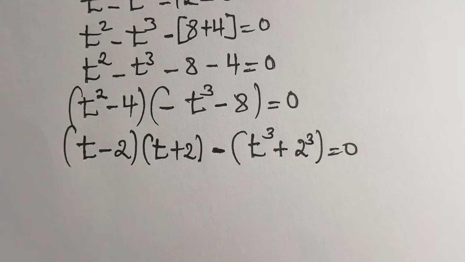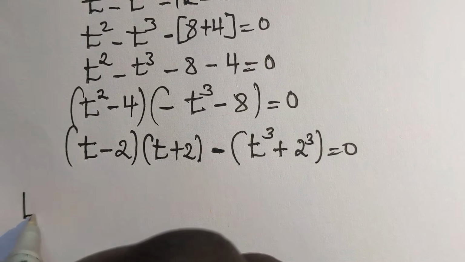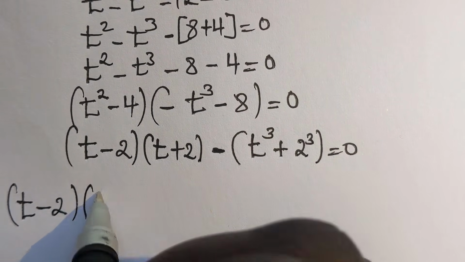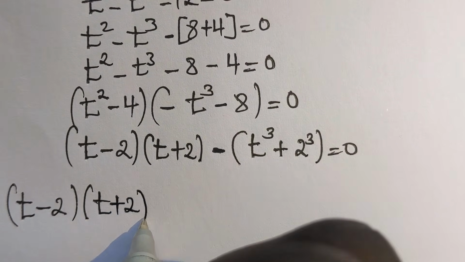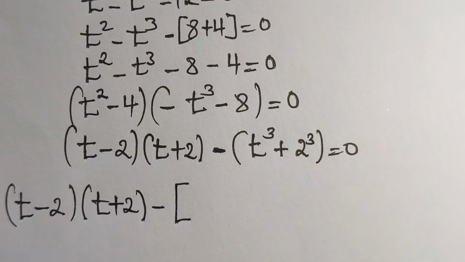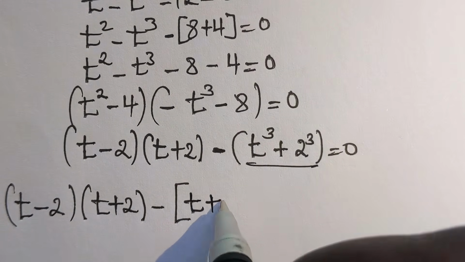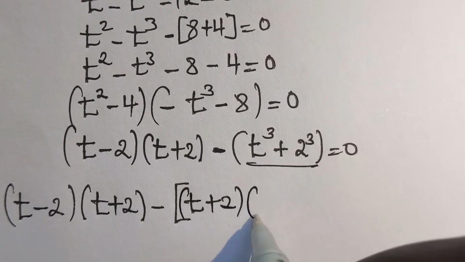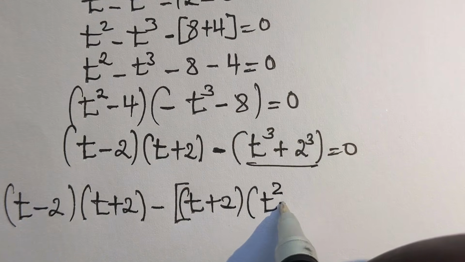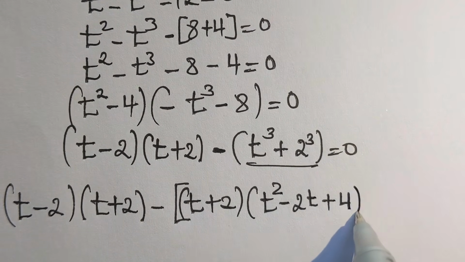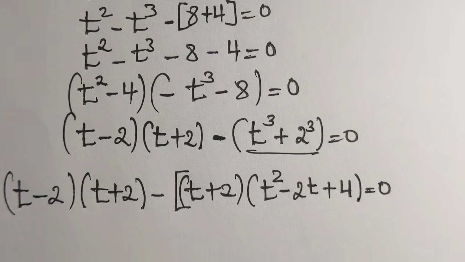Then at this stage we have T minus 2 times T plus 2, minus open bracket, this one can be written as T plus 2 times T squared minus 2T plus 4, equals 0.